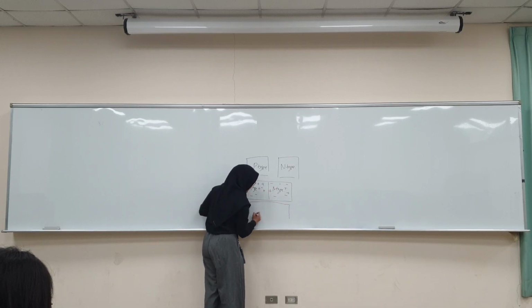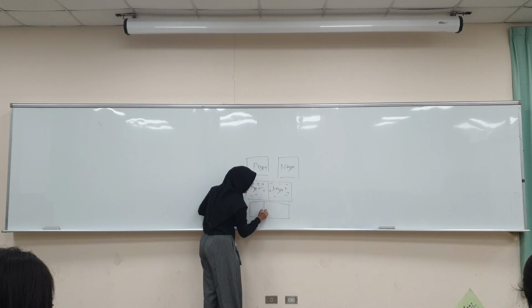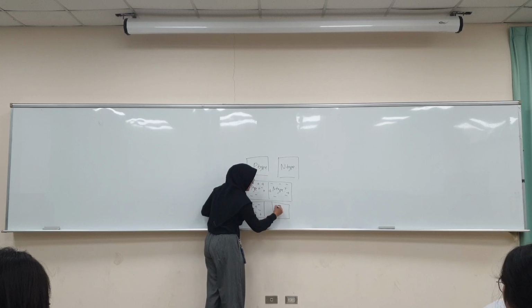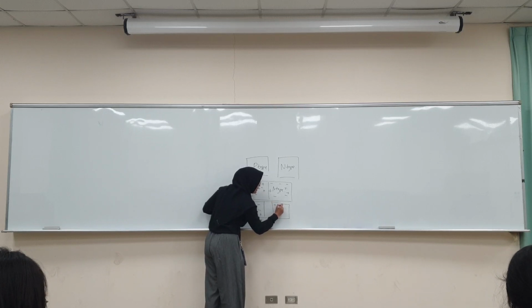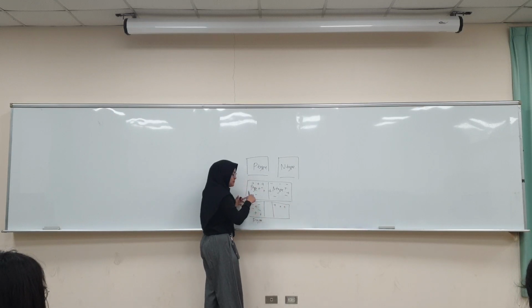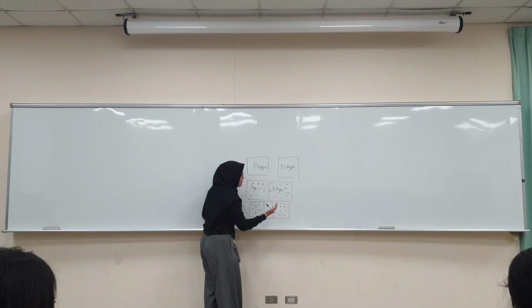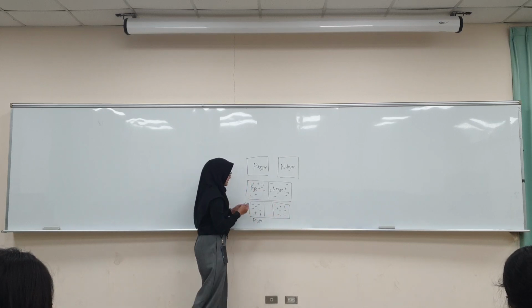So if we draw again, maybe we will have more electrons here, and then the holes in the P-type. And then in the N-type, we also will have more holes, because the holes from the P-type will diffuse to the N-type. And we also still have the electrons here, right?